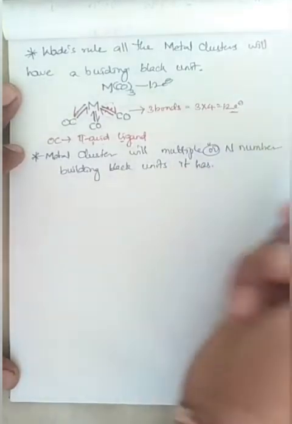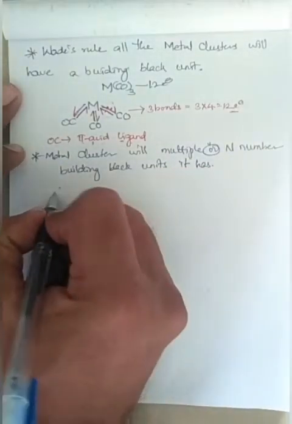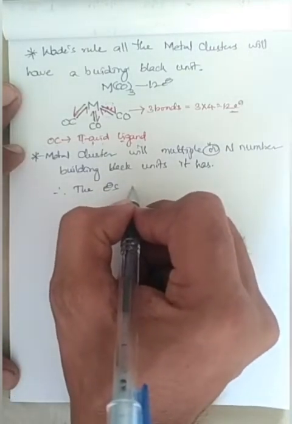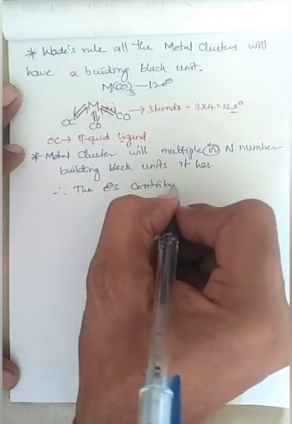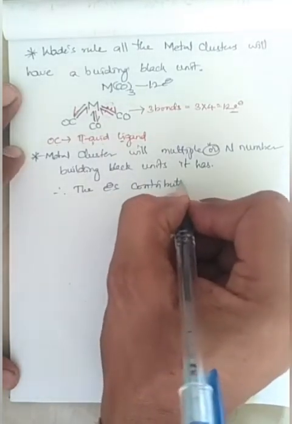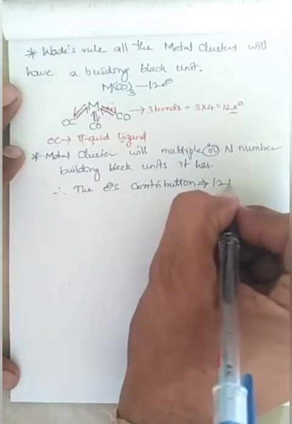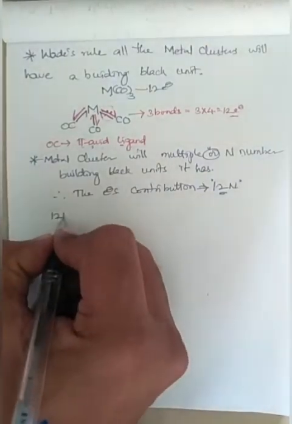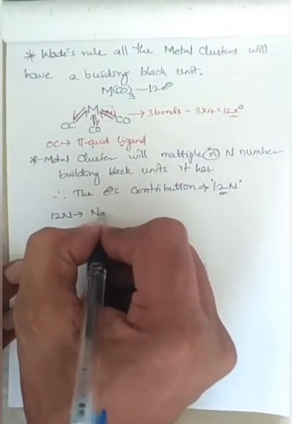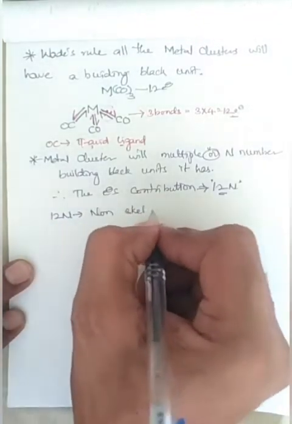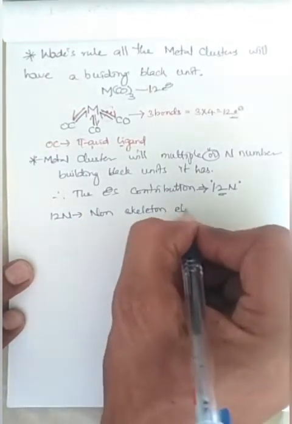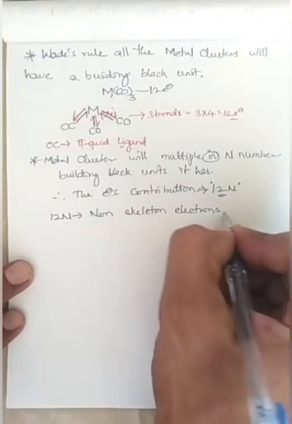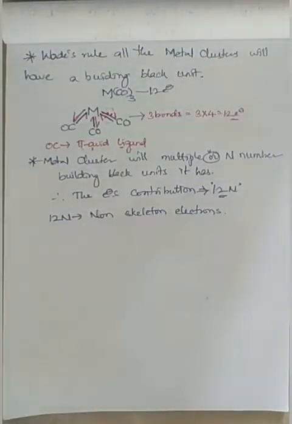Therefore the electron contribution will be 12n, and thus 12n is termed as non-skeletal electrons, right?